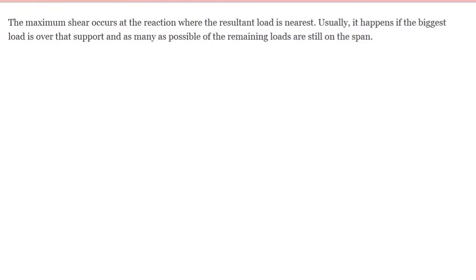For the maximum shear occurs at the reaction where the resultant load is nearest. Usually it happens if the biggest load is over the support and as many as possible of the remaining loads are still on the span.